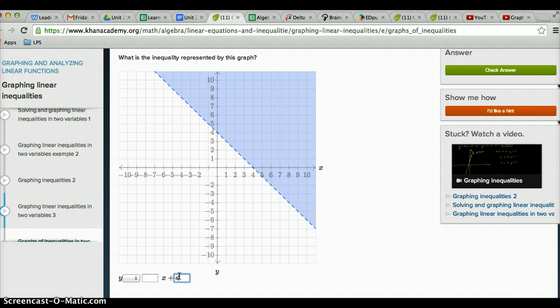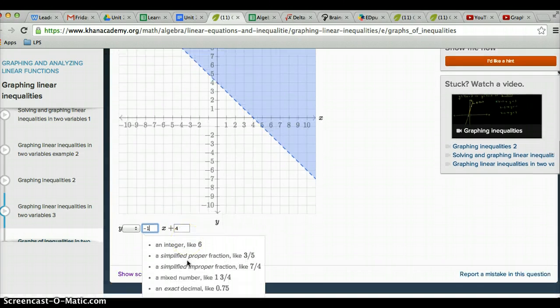And then I have to figure out my slope, right? And we've talked about being really sure that you pick two really good points. So I'm going to use this point, and then I'm going to use this point right here. And I can see that my slope is going to be down 1, right 1.